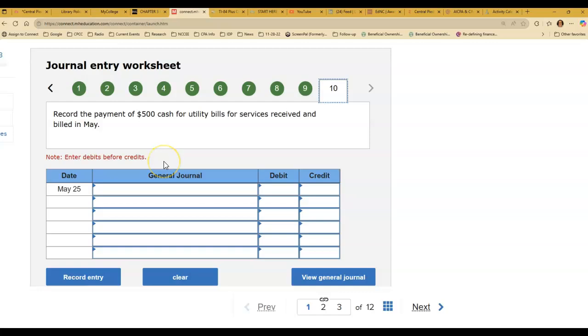All right, number 10. Record the payment of $500 cash for utility bills for services received and billed in May. Okay. Now, again, something did happen. So, again, if you're just stuck, give me the numbers. Okay. Why is it utilities expense?